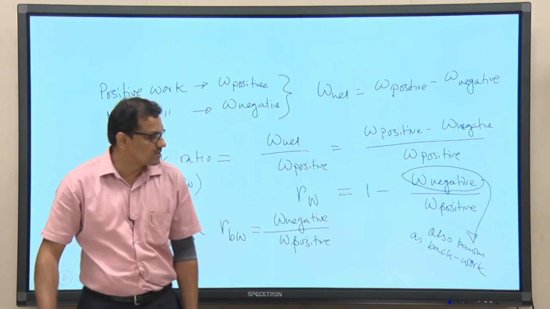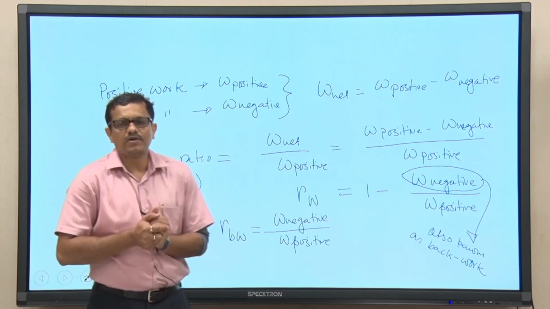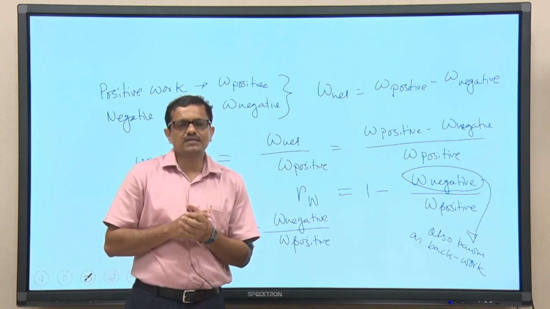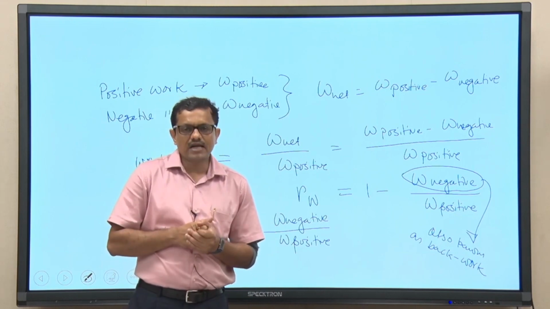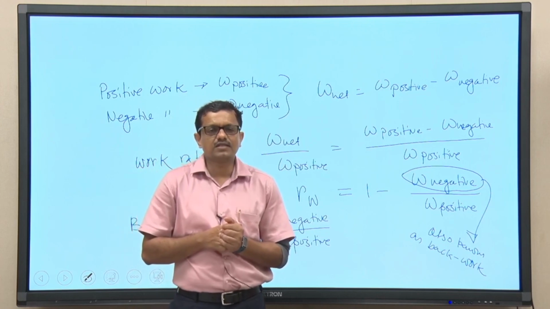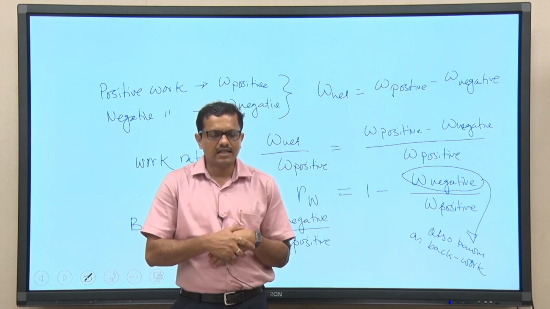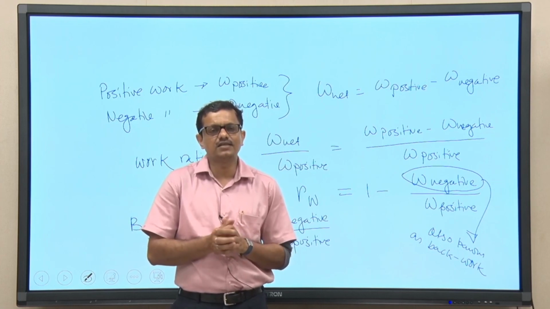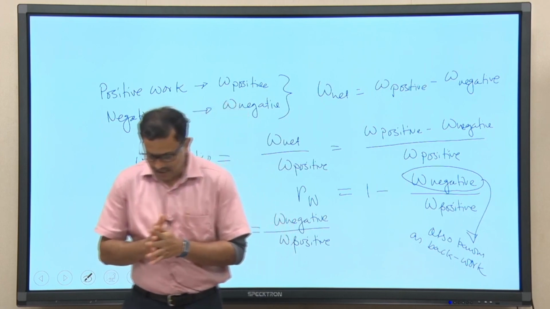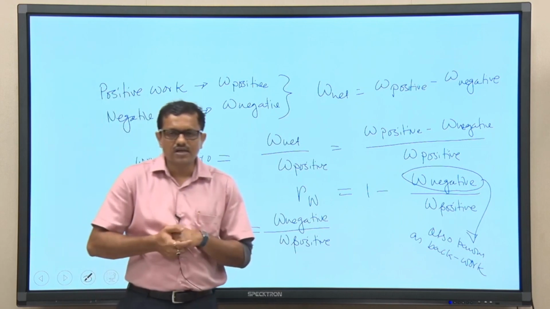So, if you like to summarize today's discussion, starting from the block diagram of the power plant, we have discussed several thermodynamical issues. Then we have discussed the need of studying ideal power cycle, and among the ideal cycles, the Carnot cycle is the first one.